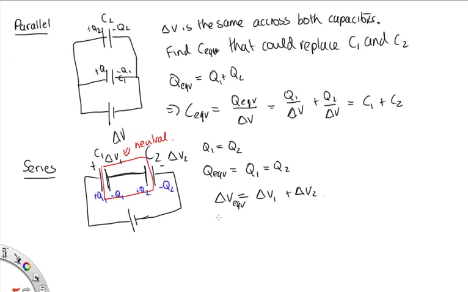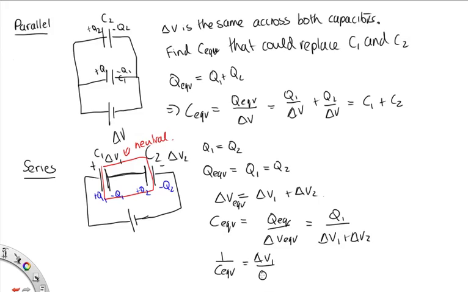So now the equivalent capacitance will be equal to Q equivalent over delta V equivalent, which is equal to Q1 or Q2 over delta V1 plus delta V2. Now to make this easier to solve, let's write 1 on C equivalent is equal to delta V1 on Q1, plus delta V2.